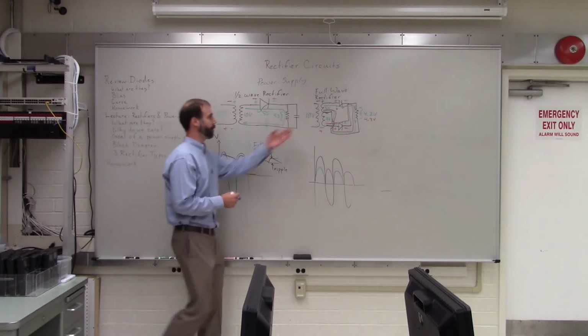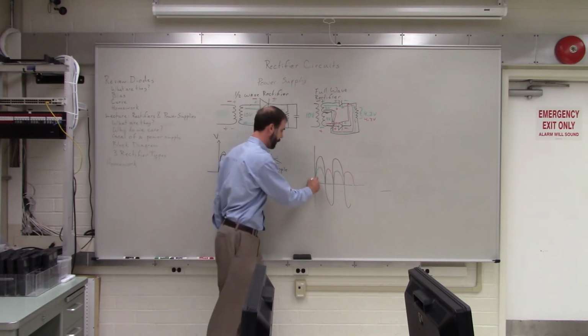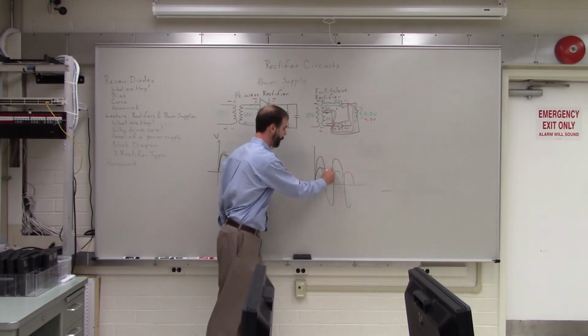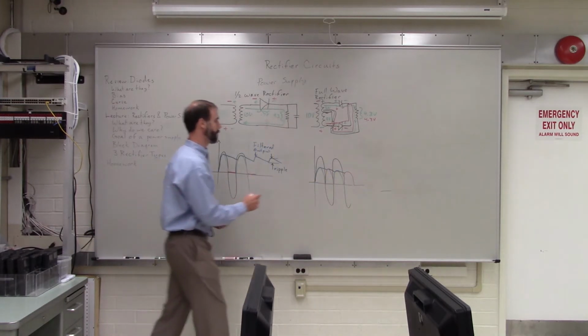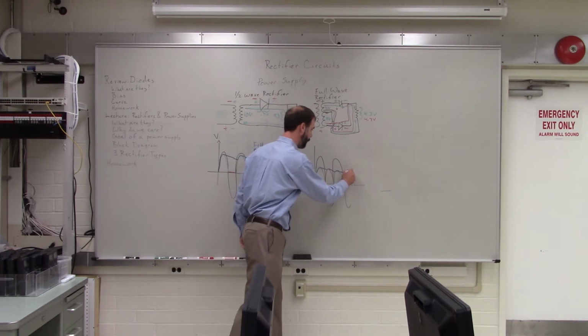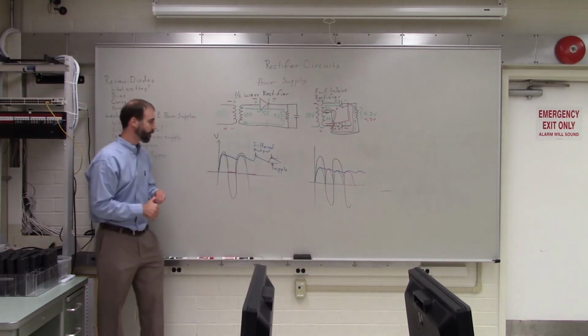When we put a filtering capacitor in parallel with our resistor there, we end up with a filtered signal that looks something like this. So less ripple.